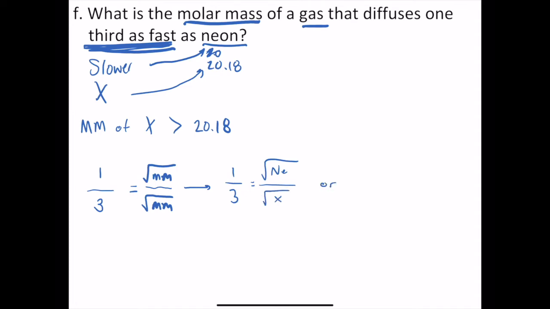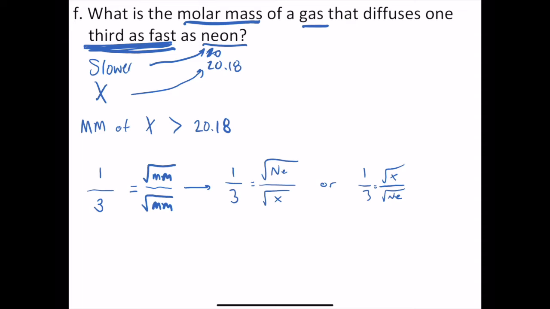Or we could do 1/3, with x on the top and neon on the bottom. Now, to figure this out, you have to think about what these numbers mean. What are we going to do when we eventually have to cross multiply this?